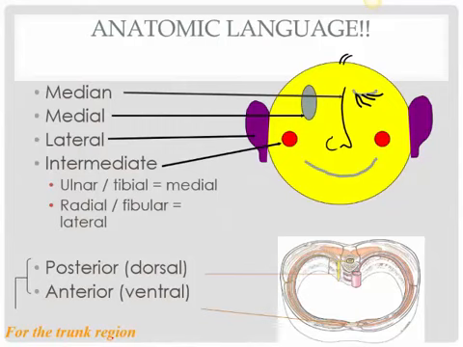So if we look at these three structures here, this is a transverse section taken through the trunk area. I can say A is anterior to B and C, B is anterior to C, whereas C is posterior to A and B. And the reason I'm saying this is, in case you haven't followed why, what do you think this structure is here?